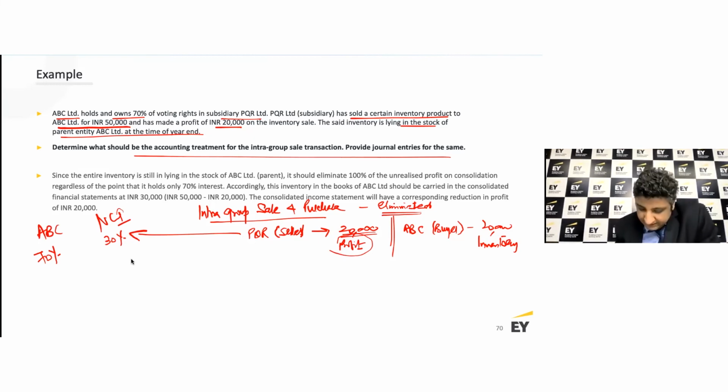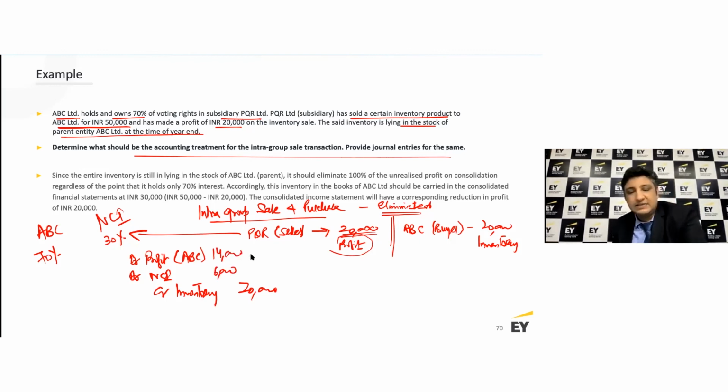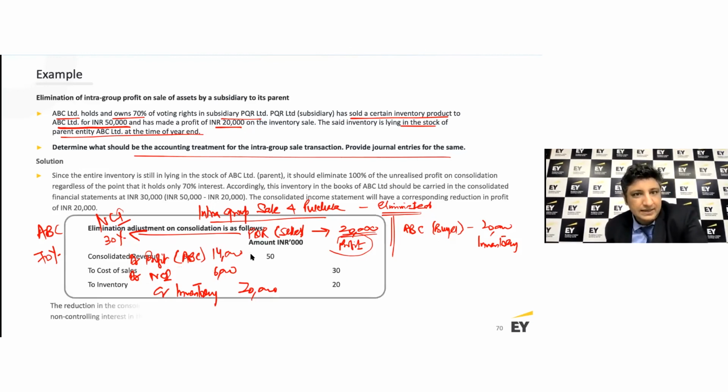We're simply saying that you reduce the profit which pertains to ABC, you reduce the share of profit which pertains to NCI, and reduce the value of the inventory as well. So we are just dividing this 20,000 in a 70-30 proportion. And that's something which is expected to be done there, right?